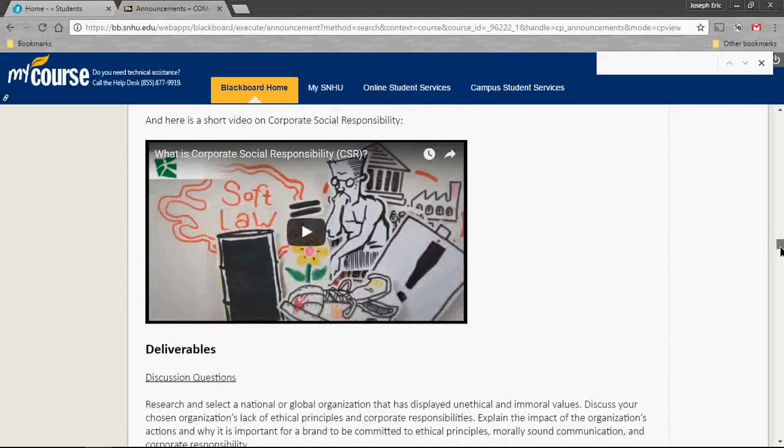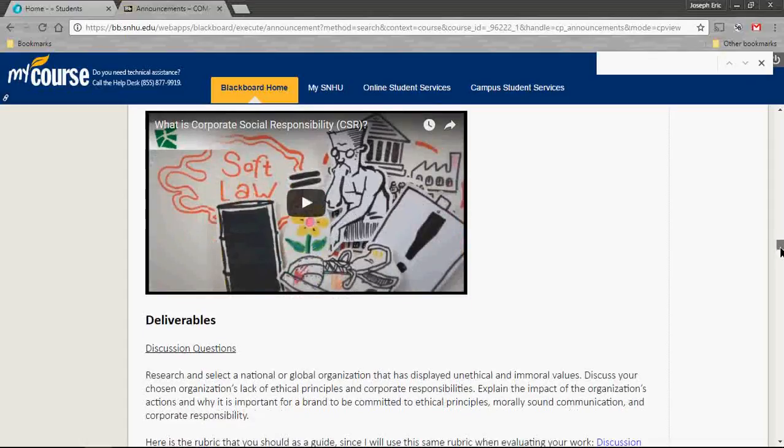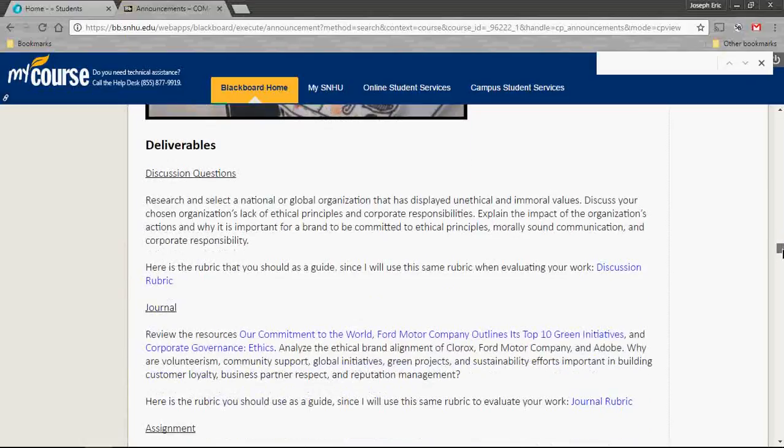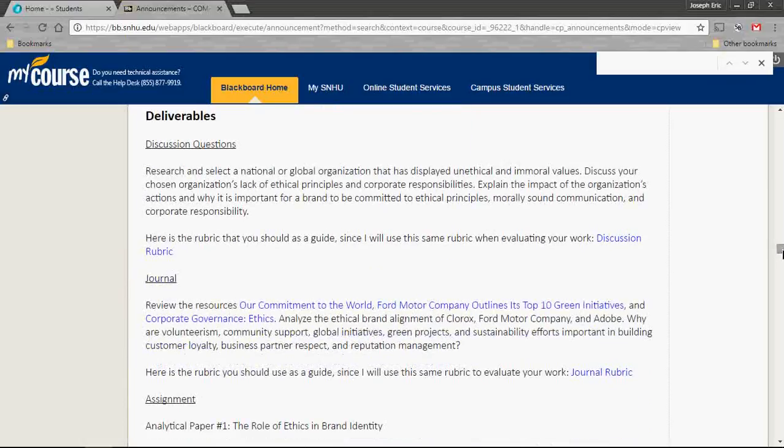What is CSR? Hopefully, providing a multimedia experience for you. Some people are textual, some people are visually oriented, and sometimes the visual elements will help you understand something that maybe you can't understand as well if it's in text only.